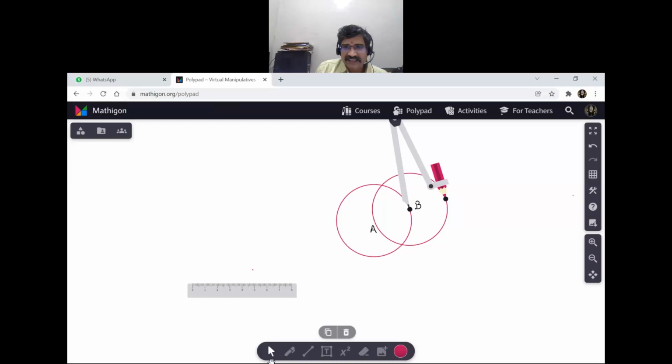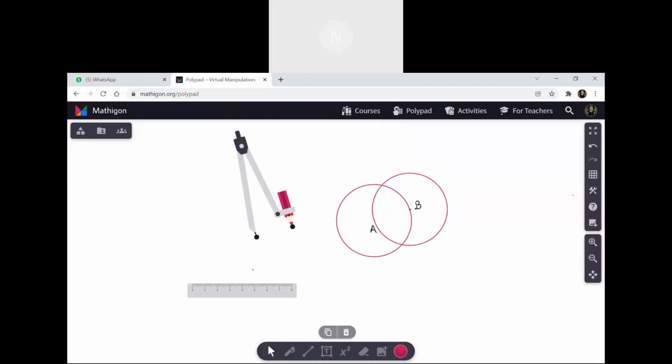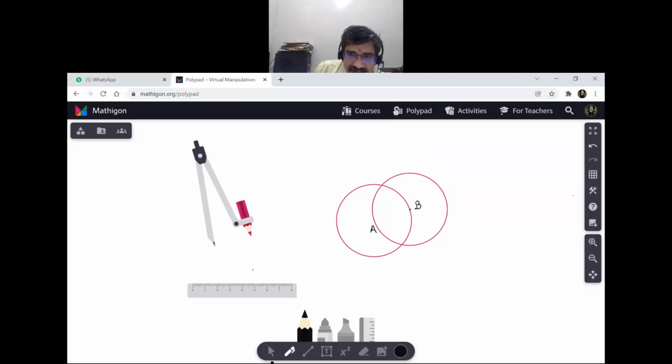The circumference A will lie on it. Now, you watch it here. Is the second circle passing through A? Is the first circle passing through B? Yes, because their radius is same.